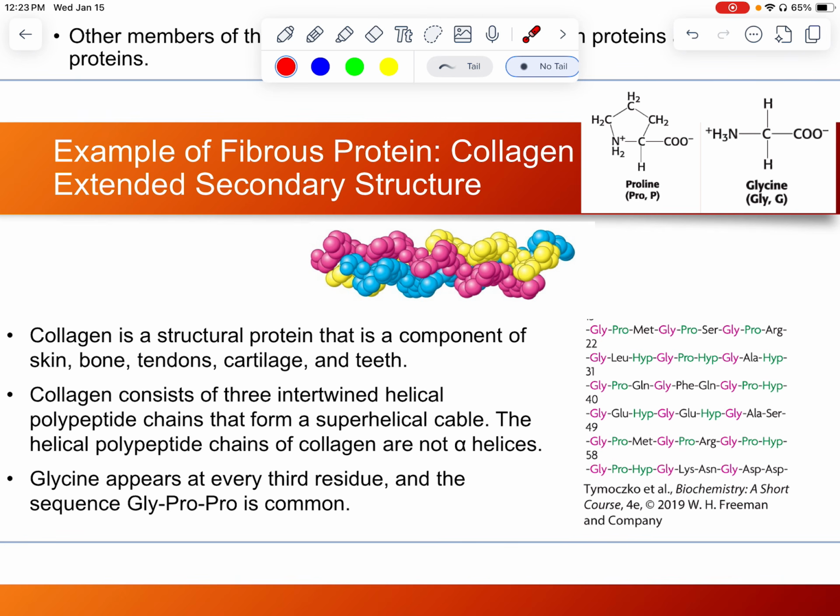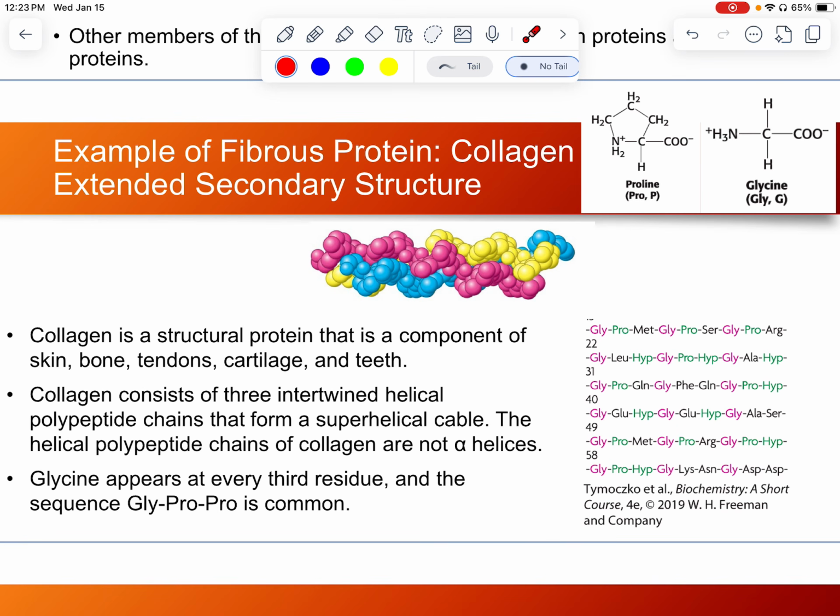When you look at collagen, it's interesting because collagen has three helices, but they're not alpha helices. They're not that same shape, and they don't have four amino acids per turn. They're different.